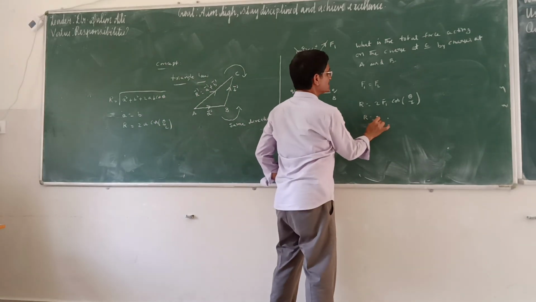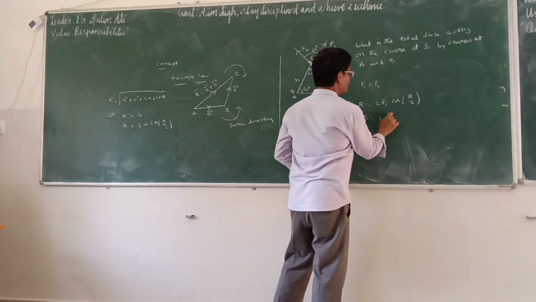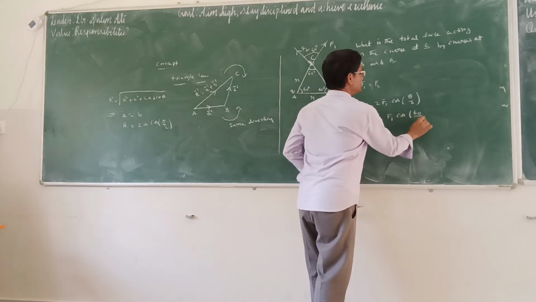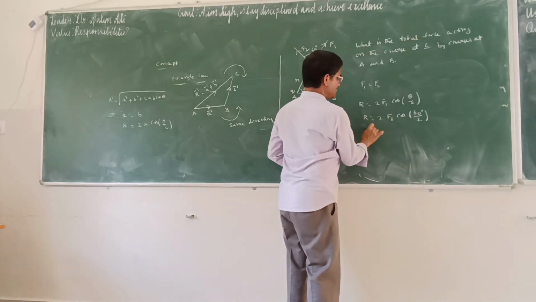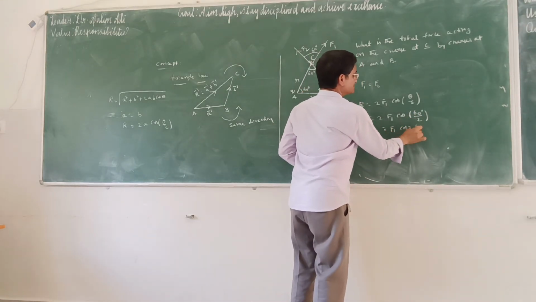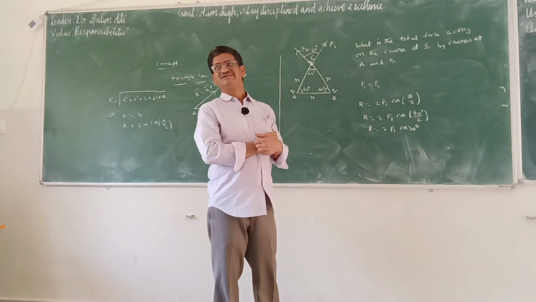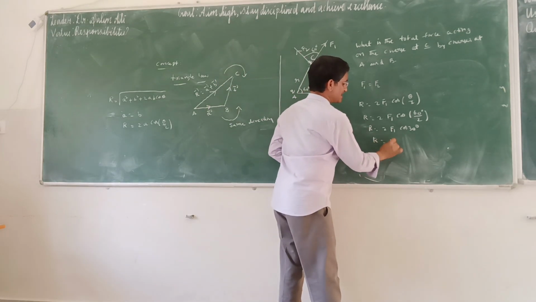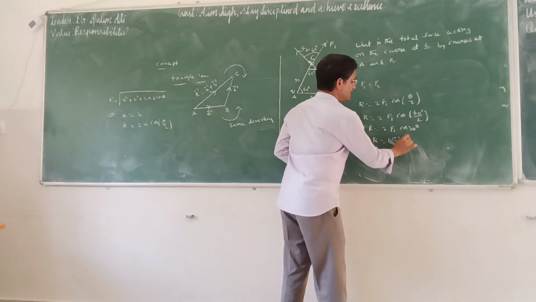So 2F1 cos 60 degrees by 2. How much? 2F1 cos. Cos 30 how much? Root 3 by 2. So then what you will get? Root 3 F1.